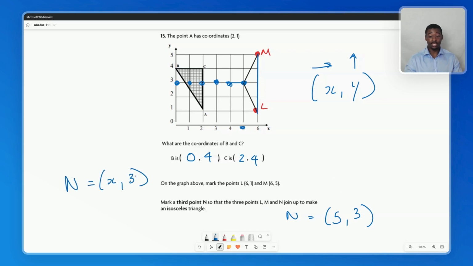So N could be X, 3, where X is bigger than or equal to 0, but smaller than 6.